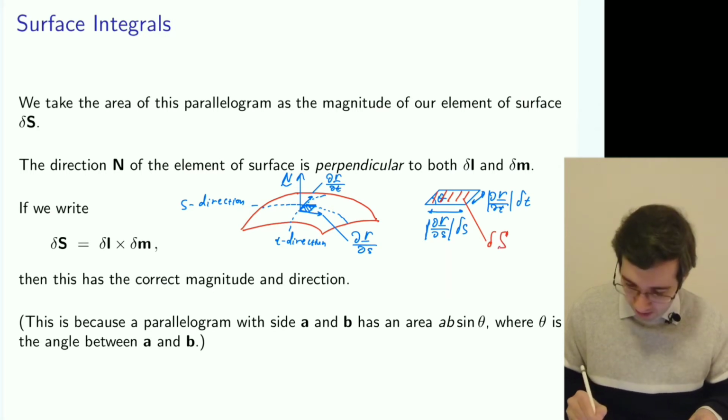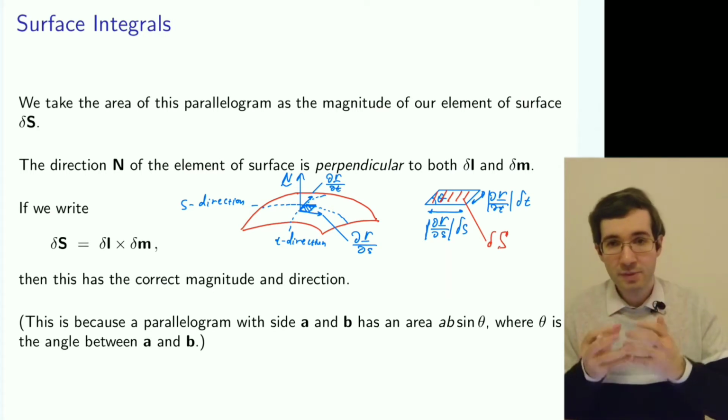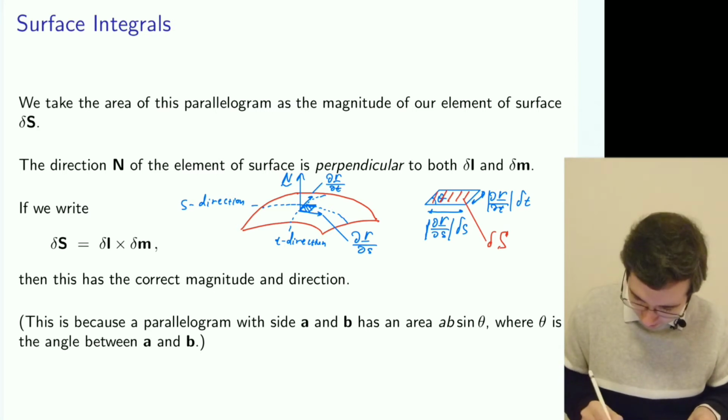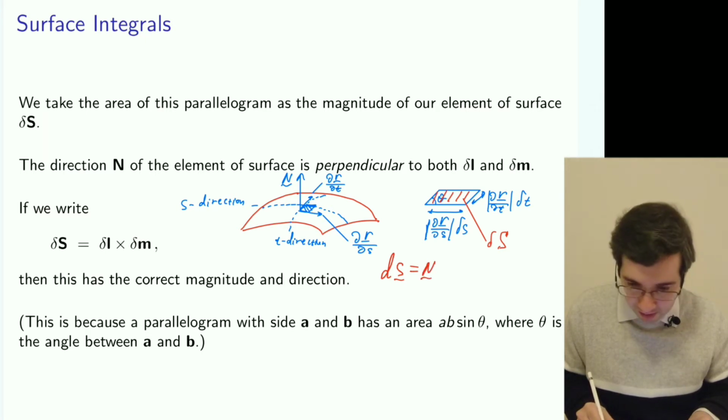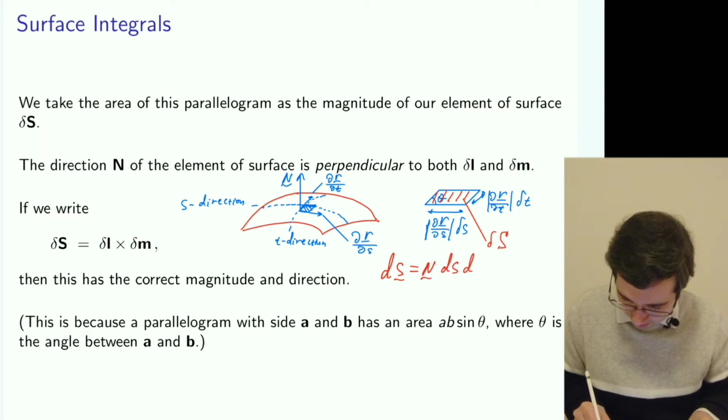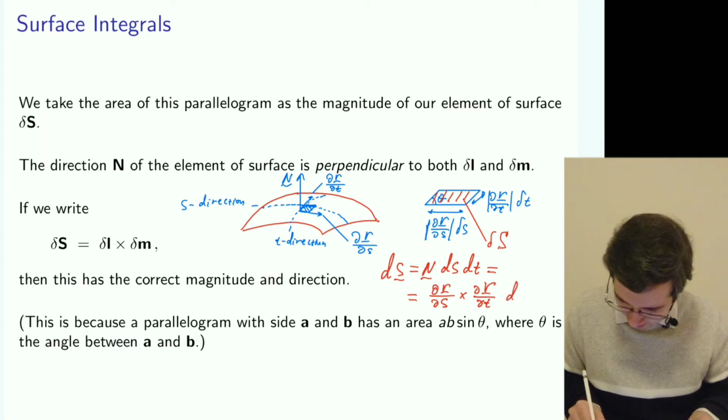That is dS. And if we want not just the area but orientation, then we say, okay, dS is a normal times a change in these parameters. And we can also write it as the cross product, the vector product, times little change in the parameters, right?